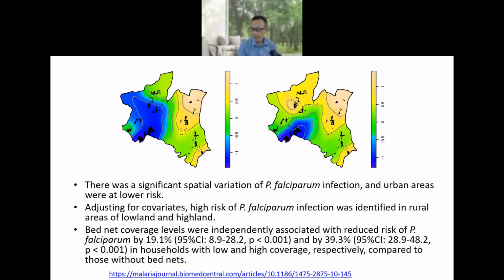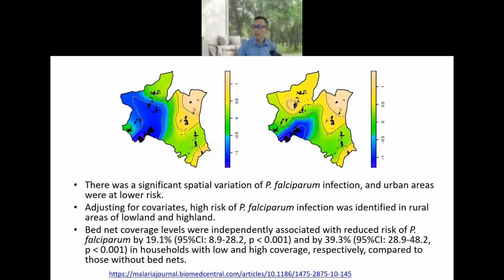And this is the Plasmodium falciparum infection. Okay. So this comes from geostatistics analysis. They created a spatial variation map after they adjusted for certain covariates.